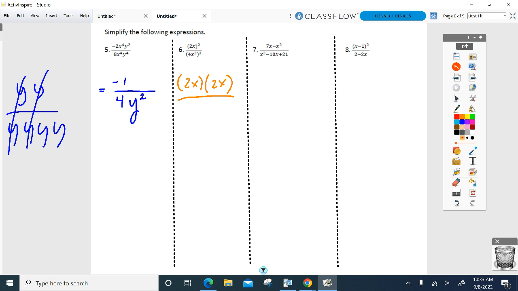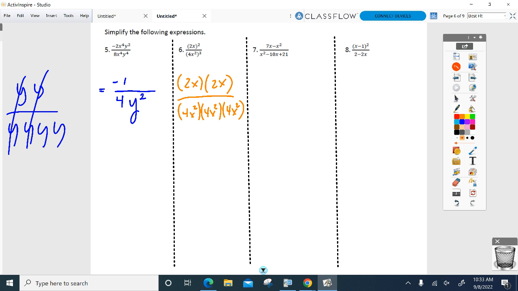So write it 3 times on the bottom. 4x squared, 4x squared, 4x squared. Everyone all right? Why I wrote the top twice and the bottom 3 times, based on the exponent.